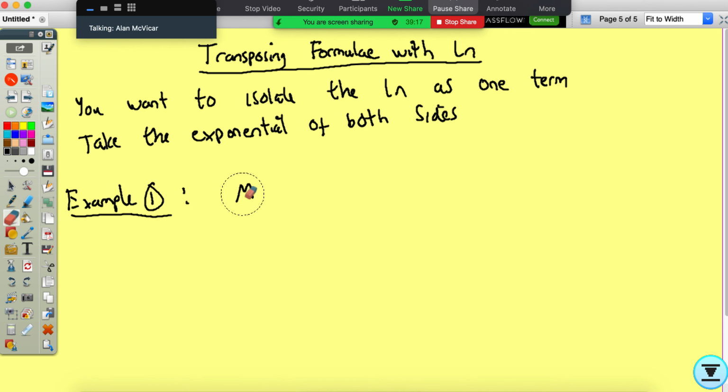In fact, I'll do a full example. So we've got this formula here for something.